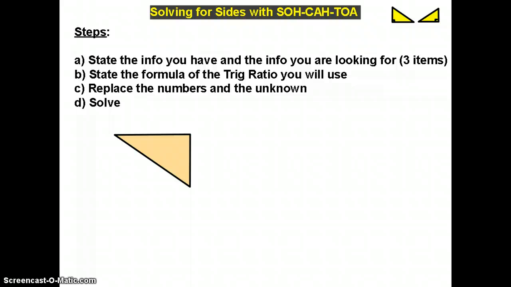So let me change colors one more time, and let's make some numbers up. Let's say this is 10, and this is 12, and I want to find out what this is. But I need to have at least one angle. Now this is a right angle triangle, and let's say that this angle is 30. So what do I want? Well, let's say I don't have this number.